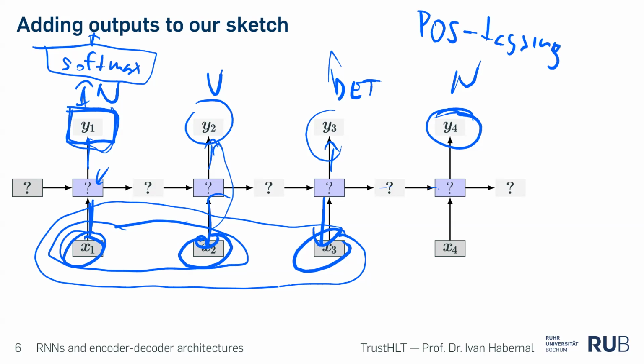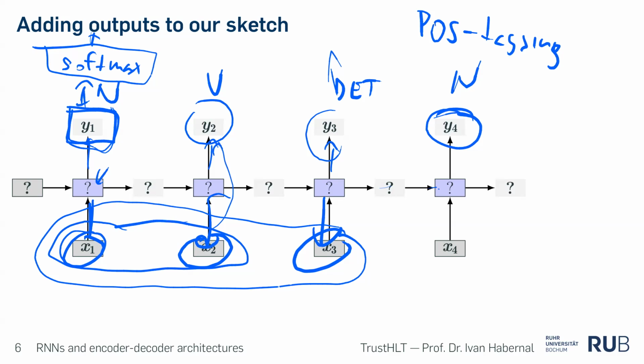We had something similar also, not part of speech tagging, but we also classified some words into categories. Not really. Do you remember named entity recognition? What are we doing in named entity recognition? Oh yeah, we're assigning.